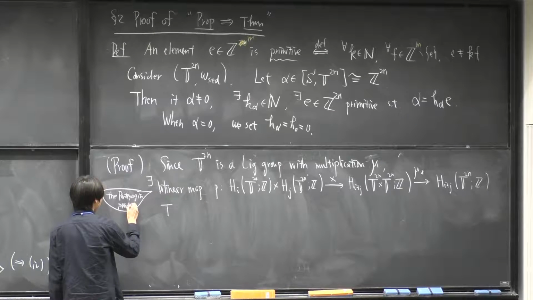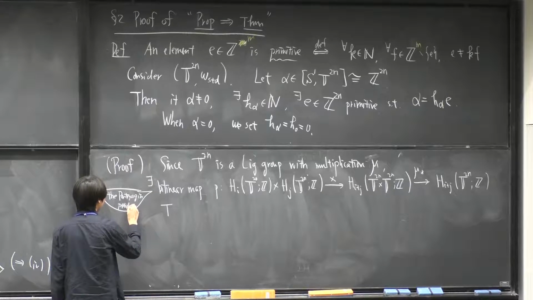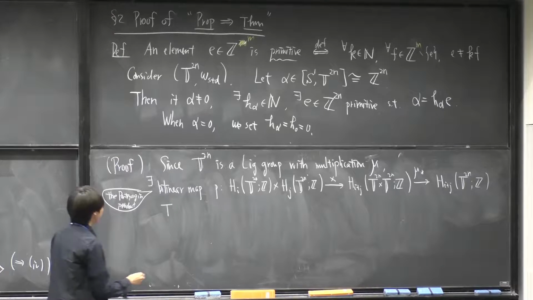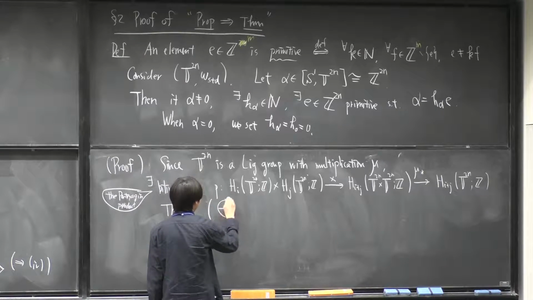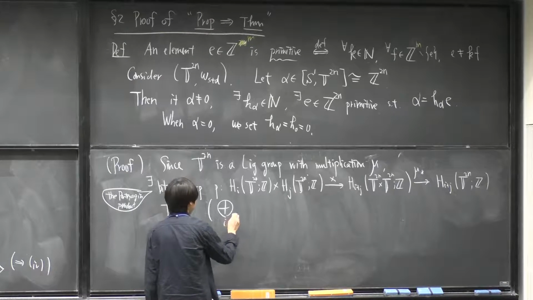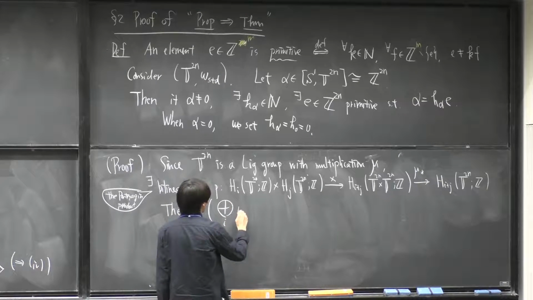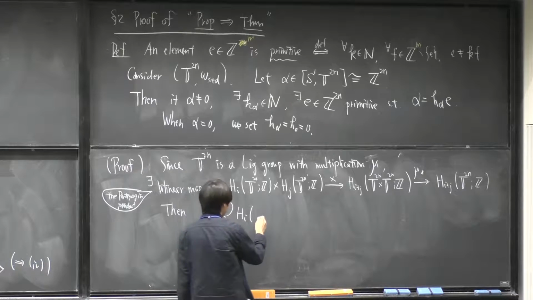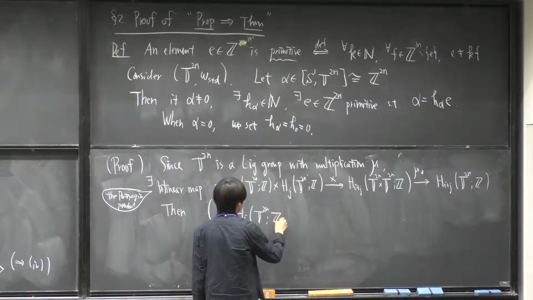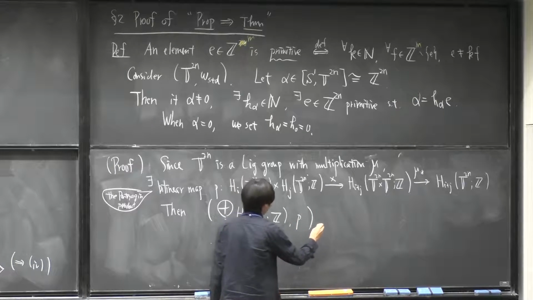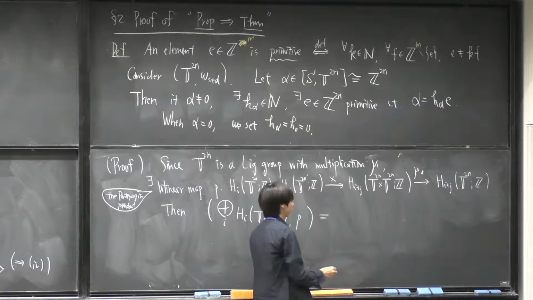This is the crucial property. Then it is known that the Pontryagin ring, namely the associative algebra of homology groups with this product, is the exterior algebra.